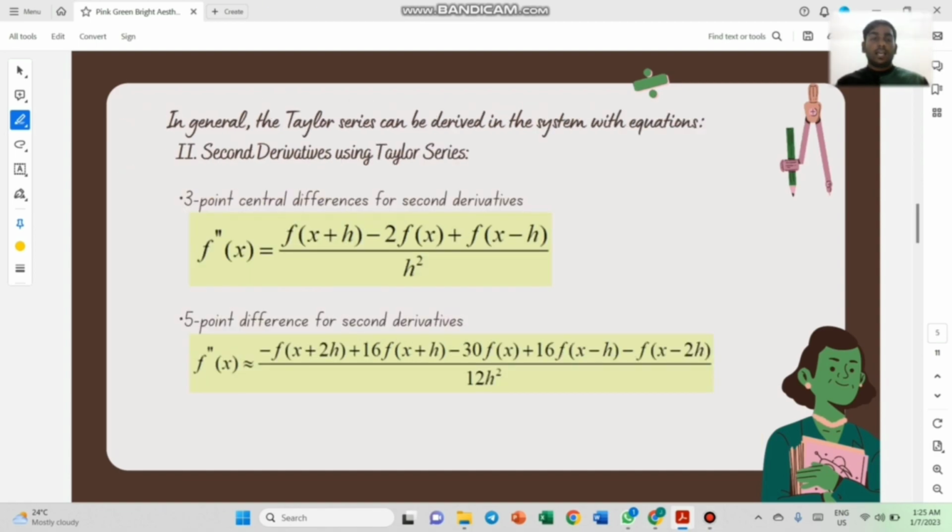Next, I will show the second derivative using the Taylor series. We have two equations here.